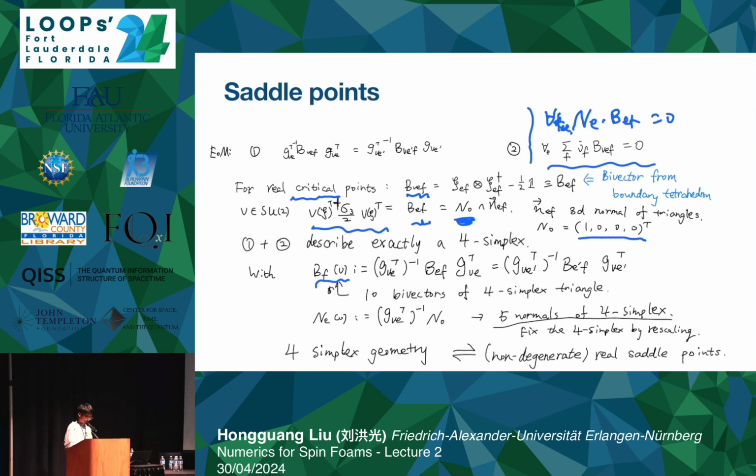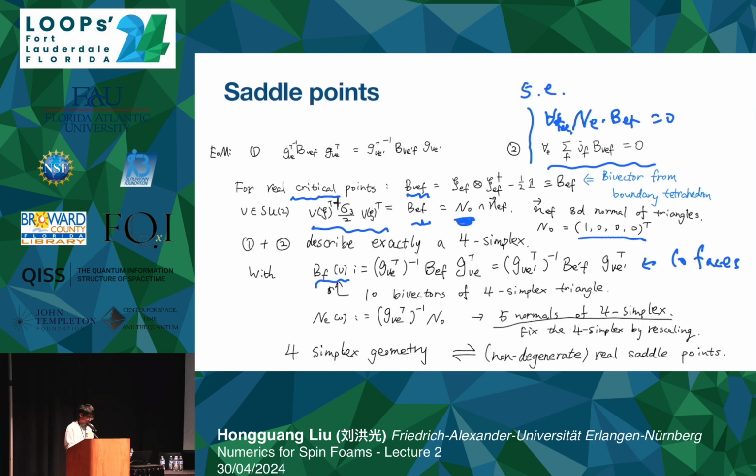And since in total we have the parallel transport equation, which gives you in total only 10 faces, this means these 5 tetrahedra, so we have 5 E's, 5 edges, these 5 tetrahedra form a 4 simplex. So you can show this is exactly the thing that describes the 4 simplex.